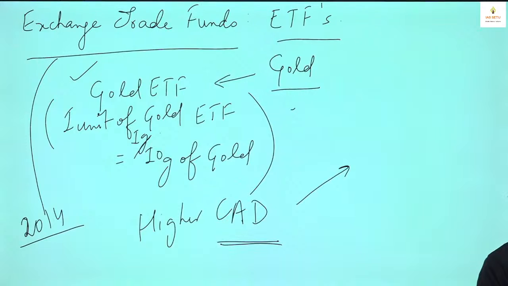Now, second example usually of this is your CPSE ETF. सरकार ने पहले गोल्ड ETF लॉन्च किया, highly successful. Government realized maybe I can use this particular tool as a tool for disinvestment of PSUs, especially PSUs which are not doing so well, right?